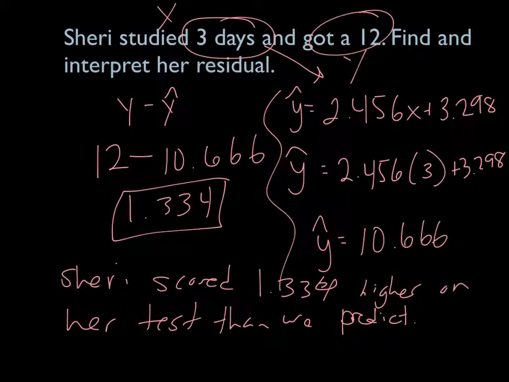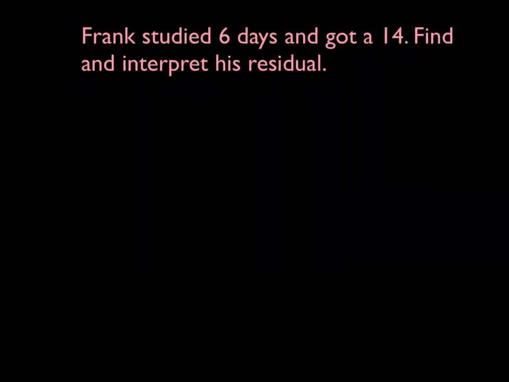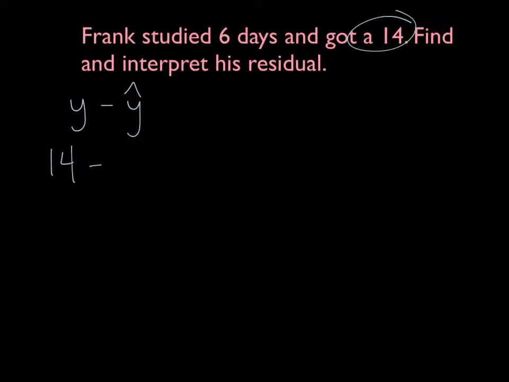Let's do one more example. Frank studied for this test 6 days, and he got a 14 on his score. Find and interpret his residual. So we're finding the residual. The formula again is actual minus predicted. And from reading this, we have the actual score, which is 14. We need to get the predicted score. The predicted score is not 6, because that's not a score.